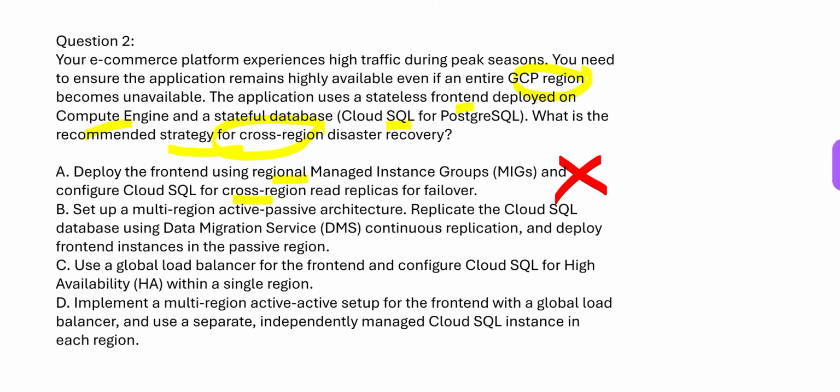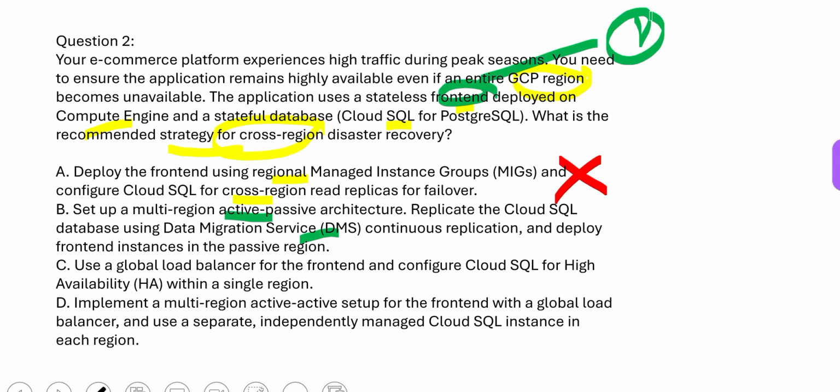Okay, now we have option B. Option B is telling us, guys, I want to do a multi-region active-passive architecture. Perfect. We want multi-region. Okay, now what? How would you replicate Cloud SQL? They are saying, I will use DMS. Perfect. That is what helps you with continuous replication. And what about the front end application? Because it talks about two things. Front end, this is point one, and then the database, which is point two.